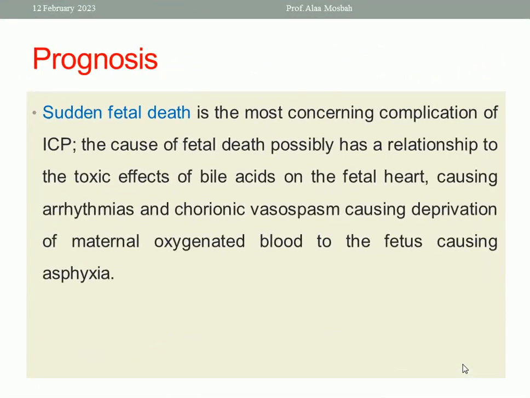The catastrophe that may happen is sudden fetal death, and this is the most concerning complication of intrahepatic cholestasis in pregnancy. What is the cause of fetal death? Possibly it has a relationship to the toxic effect of bile acids on the fetal heart. The bile acids go inside the muscle of the heart and have a toxic effect, causing arrhythmia, prolonged PR interval, and cardiac arrest.